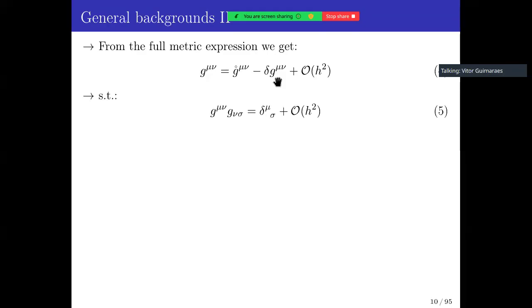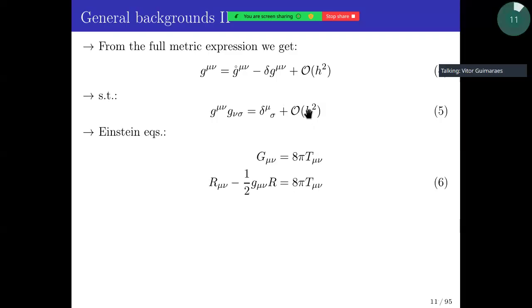Plus some terms that are negligible, from higher order terms in h, which should be higher order in delta G right here. I'm sorry for that mistake, but I can correct it later.